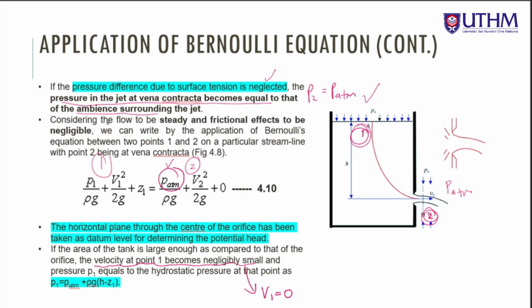Okay, considering the flow to be steady and frictionless, frictional effects being negligible, we can write the application of Bernoulli between point 1 and point 2 like this. Point 2 is actually at the vena contracta, as mentioned here.